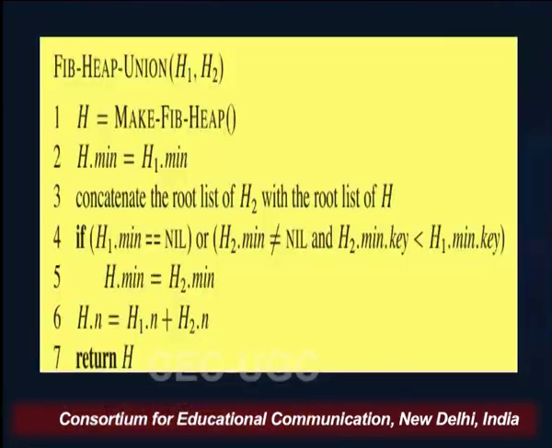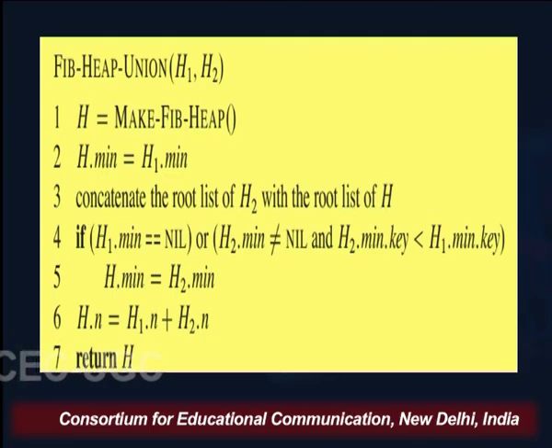Here is a small pseudo code of how to unite H1 and H2. The procedure is named fib heap union. The two objects H1 and H2, which are separate Fibonacci heaps, are passed to it, and it is very clear that we need to make a union of H1 and H2.